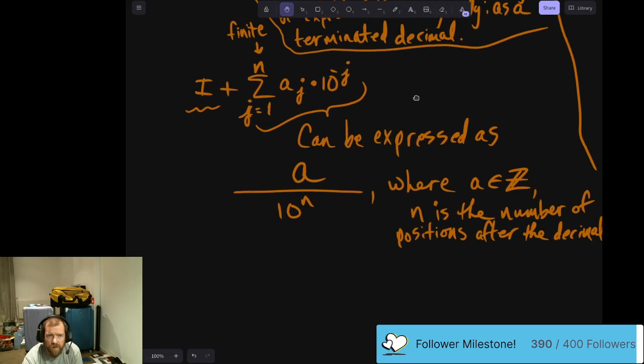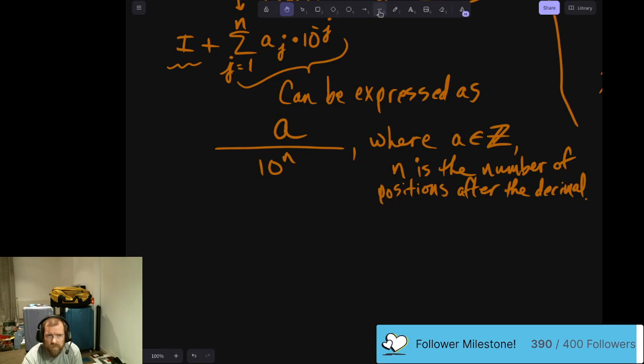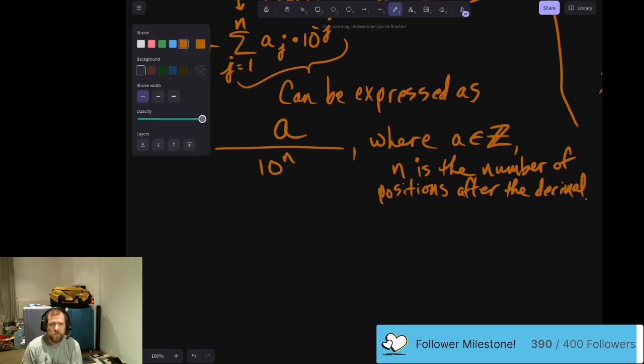So, right? So 10 to the n is just how many positions we're moving our decimal place.